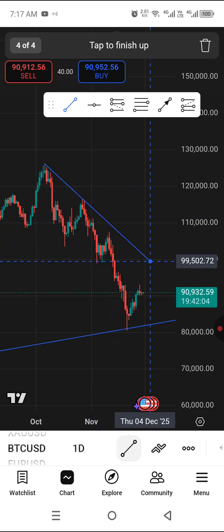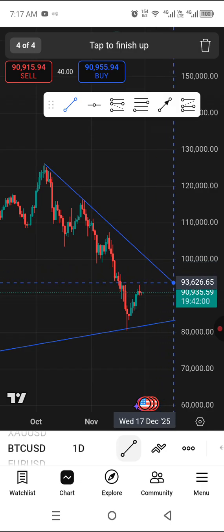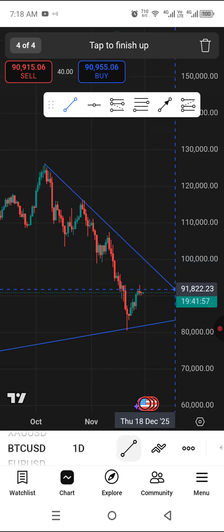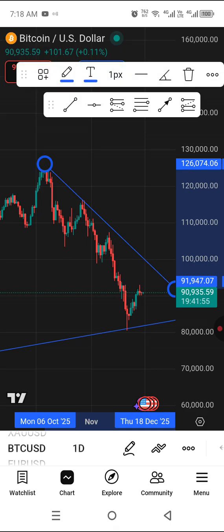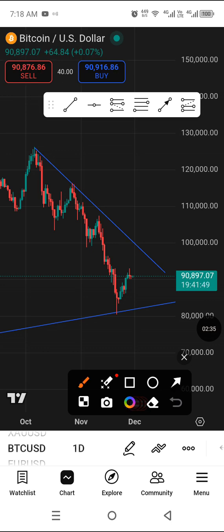So this one here so far has only 2 touch points, which is not bad. We have the first touch point here and the second touch point there.